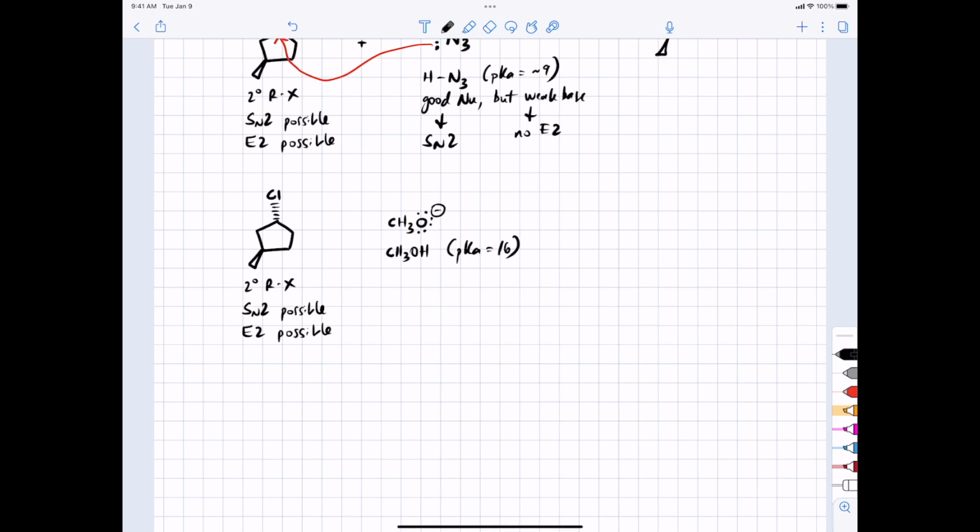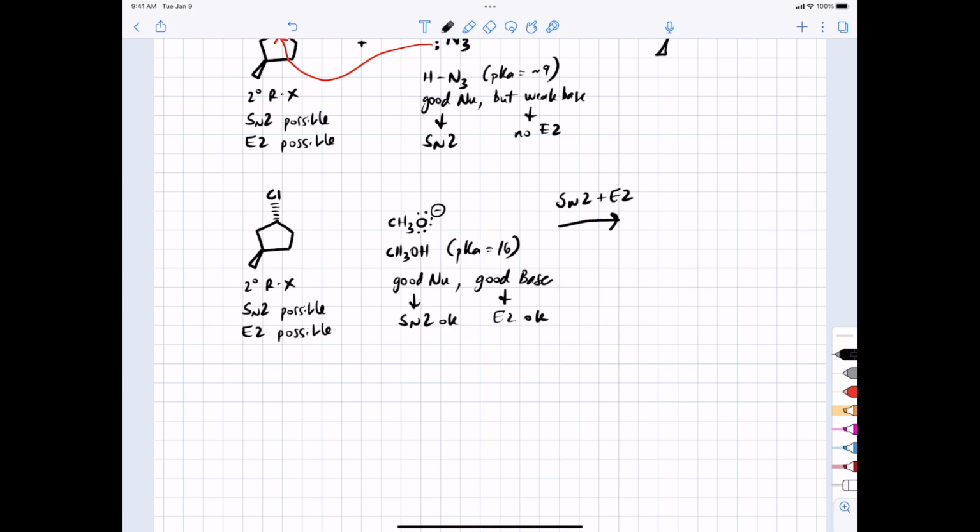So this would be on our list of things that are both good nucleophiles and strong bases. So we would expect both SN2 and E2 to be okay. So in this case, with a secondary alkyl halide and a good nucleophile that's also a good base, we need to think of both SN2 and E2 products.